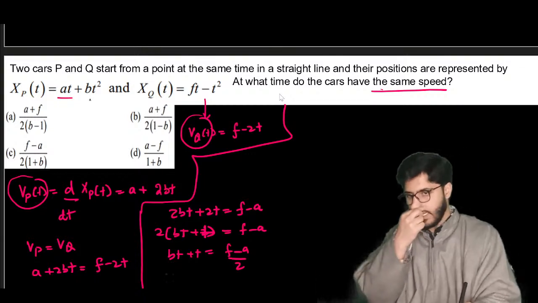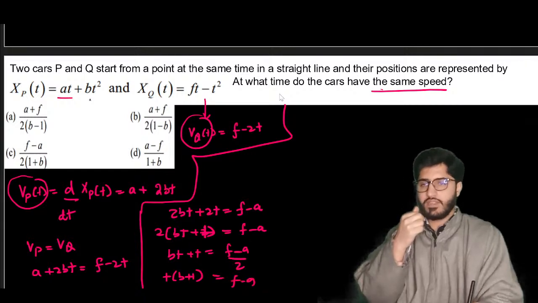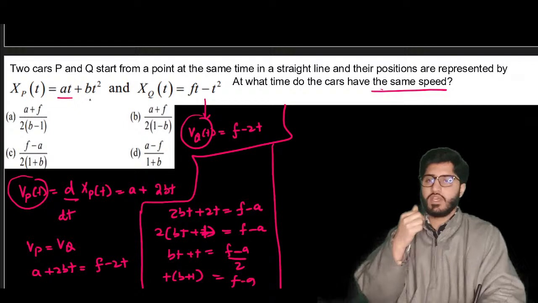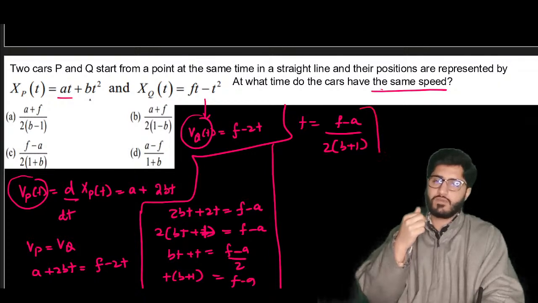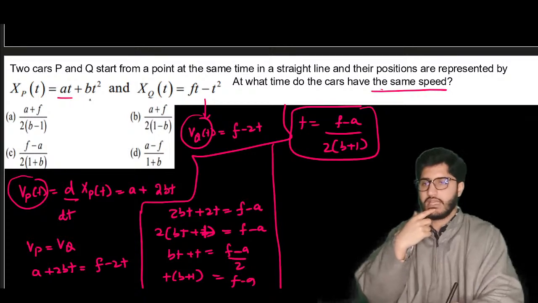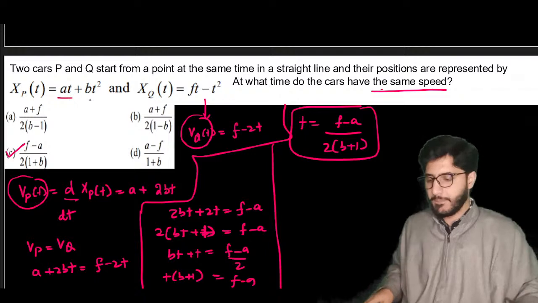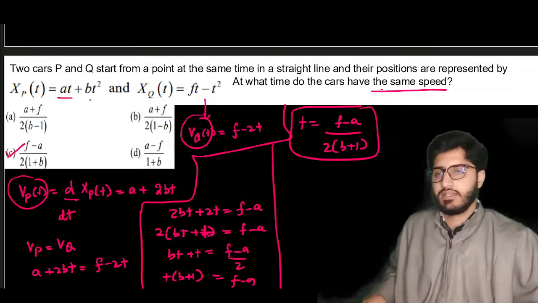So t times b plus 1 equals f minus a by 2. Then t comes out to be f minus a divided by 2 times b plus 1. This is my answer. So let's match it now. F minus a over 2 b plus 1. Yeah, I guess option number C. Yes, option number C is correct.